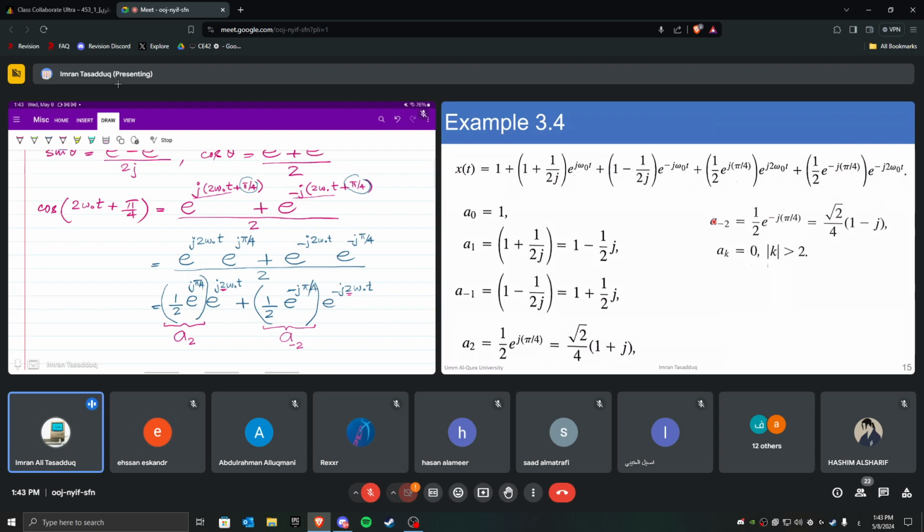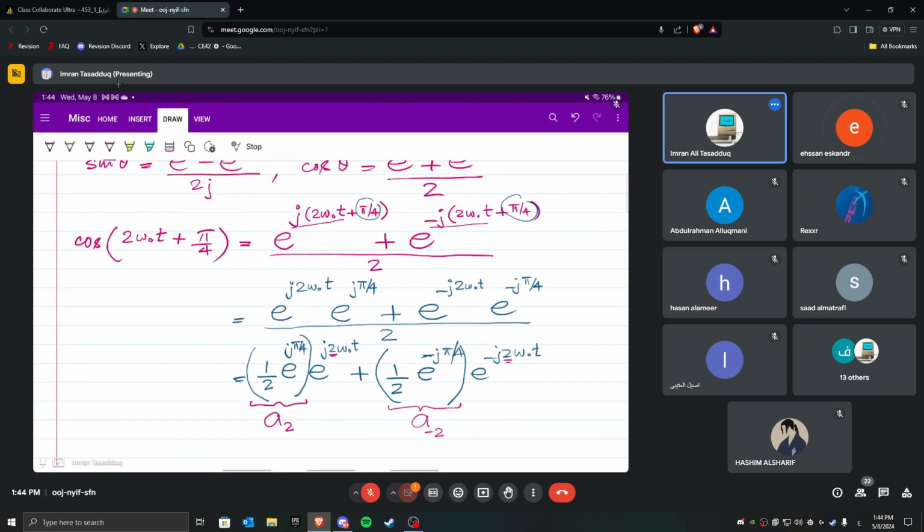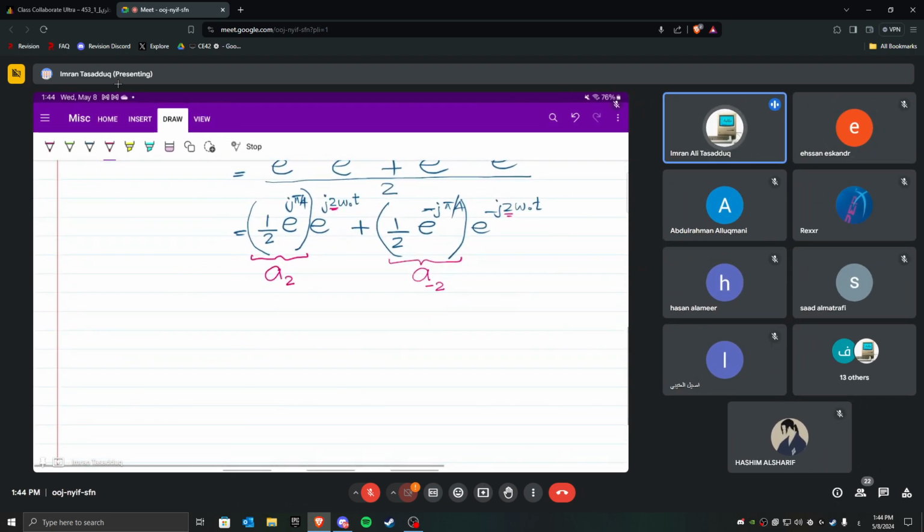Yes, doc. Okay, now let me go back to some of the basics. So what we have now is this. a0 is 1, which is fine. a1 is 1 plus 1 over 2j. Now, if you remember, how do we write complex numbers?